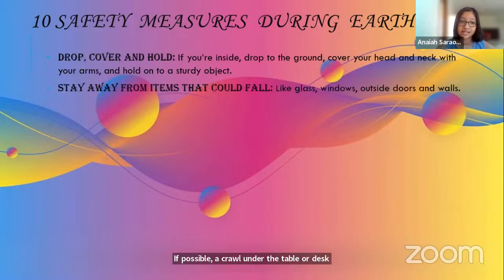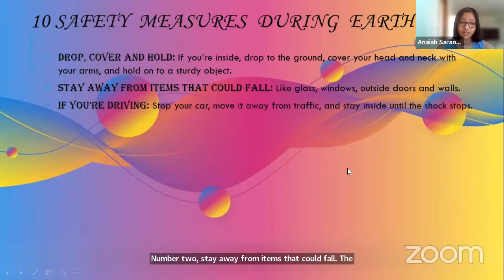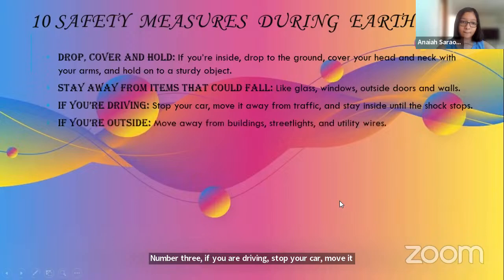Number 2, stay away from items that could fall, like glass, windows, outside doors, and walls. Number 3, if you're driving, stop your car, move it away from traffic, and stay inside until the shock stops. Number 4, if you're outside, move away from buildings, street lights, and utility wires.